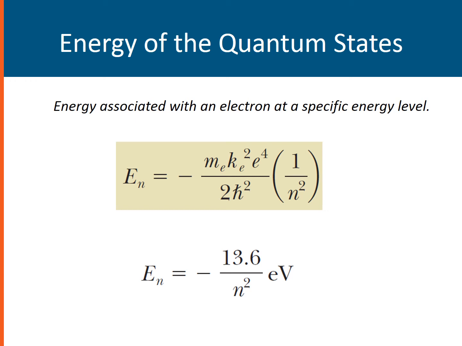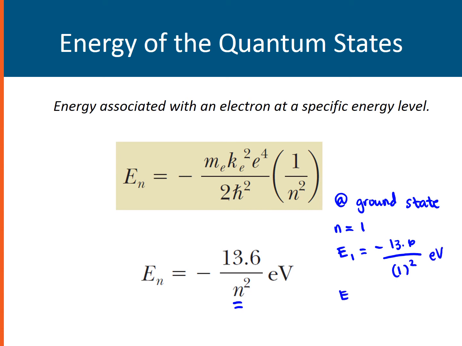So using this equation, we would be able to solve for the energy of the electron when it is in its ground state, or when n is equal to 1. At ground state, n is equal to 1, and the energy of the electron is just equal to negative 13.6 divided by n squared, and our n is equal to 1, in electron volts.